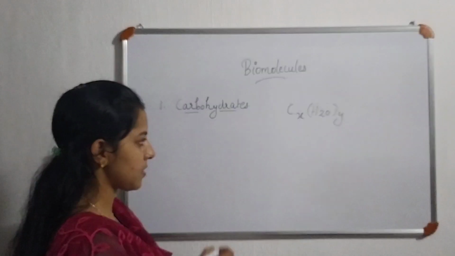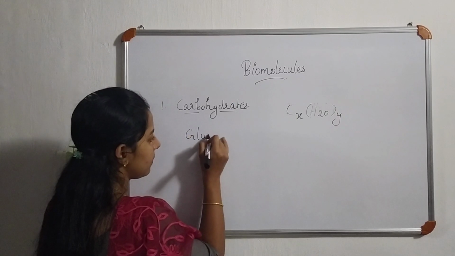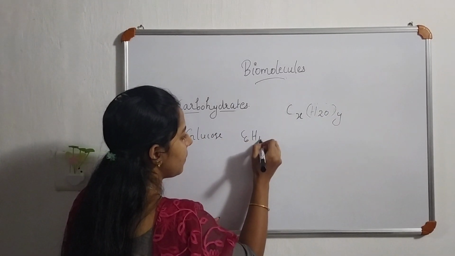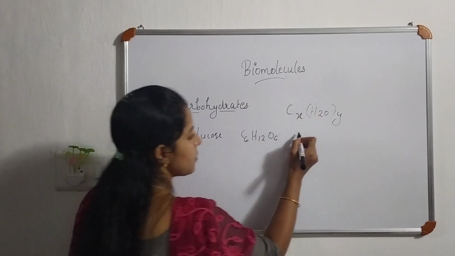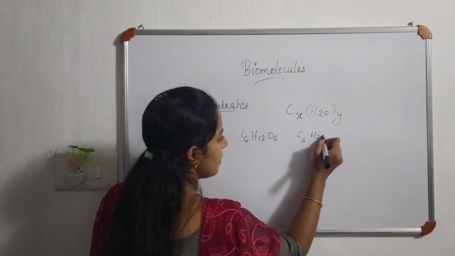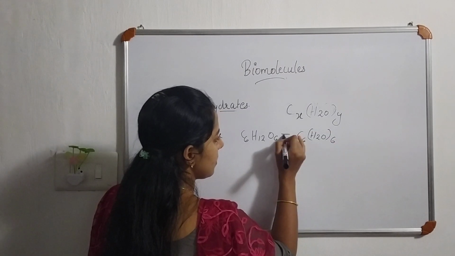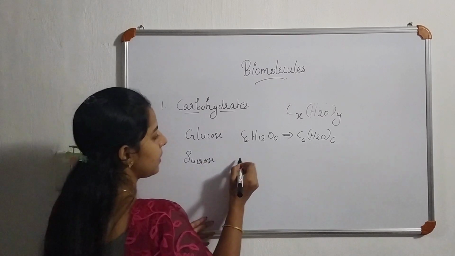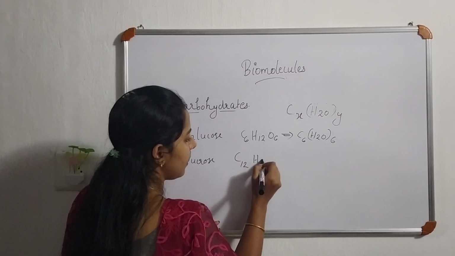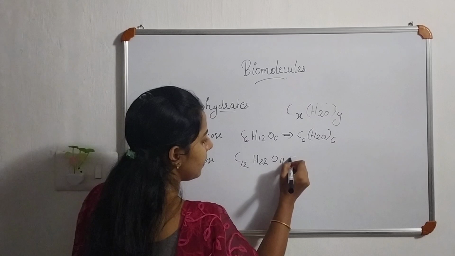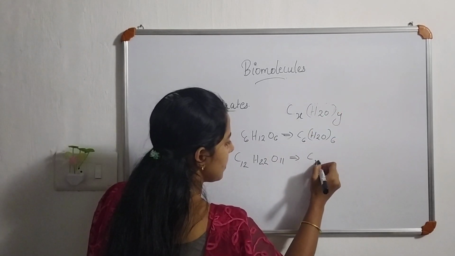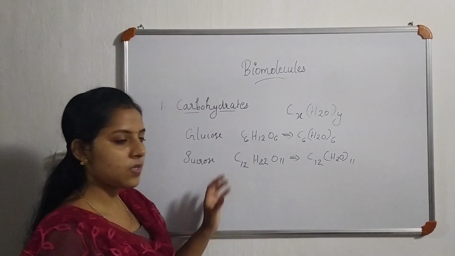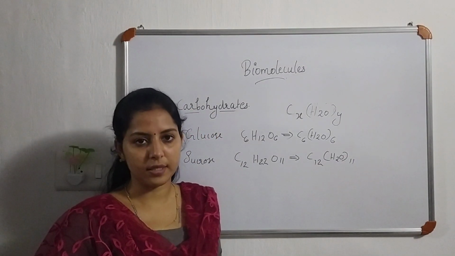For example, glucose: the formula of glucose is C6H12O6, that corresponds to C6(H2O)6. Similarly, sucrose with chemical formula C12H22O11 corresponds to C12(H2O)11. So such compounds were considered as carbohydrates.